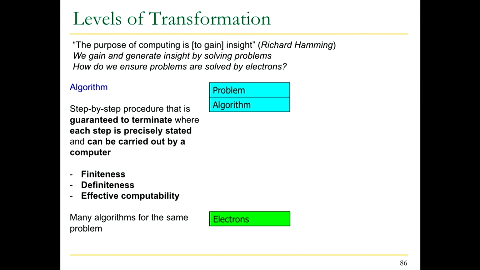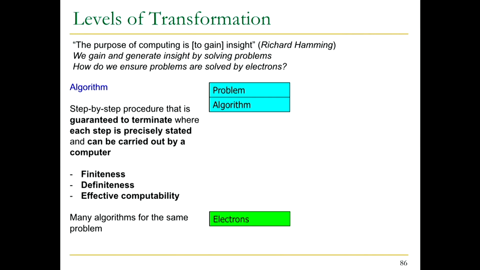So I'm not going to go through these in detail. This is in your reading, but this is going to be important for you to know. And there are many algorithms for the same problem. They may all satisfy these properties, but they may have many different implications on performance, energy, security, and so on. For example, if I formulate the problem as going from here to Bahnhof Stadelhofen, there are many algorithms I can follow to solve that problem.